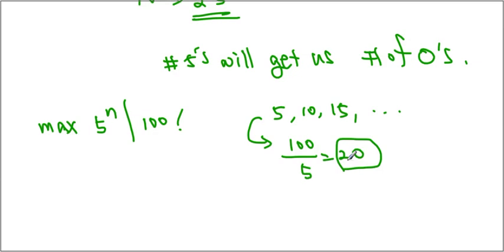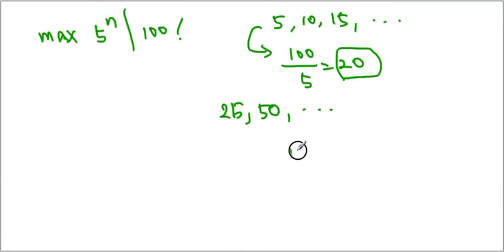But that's not all, because we have some other numbers that contain 2 5's, such as 25, because 25 is 5 squared. Or 50, because it's 5 squared times 2. You see, multiples of 25 will also have additional 5's. So therefore, what we're going to be doing is 100 divided by 25.